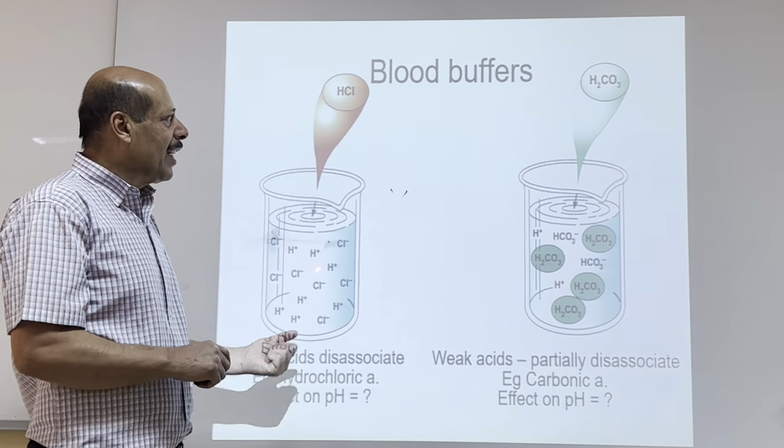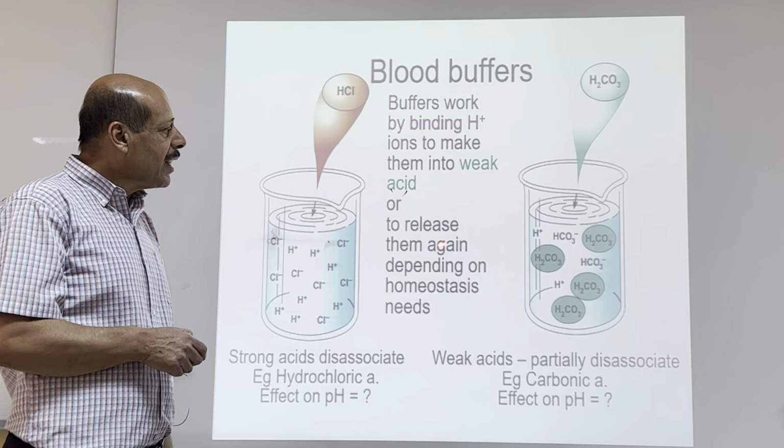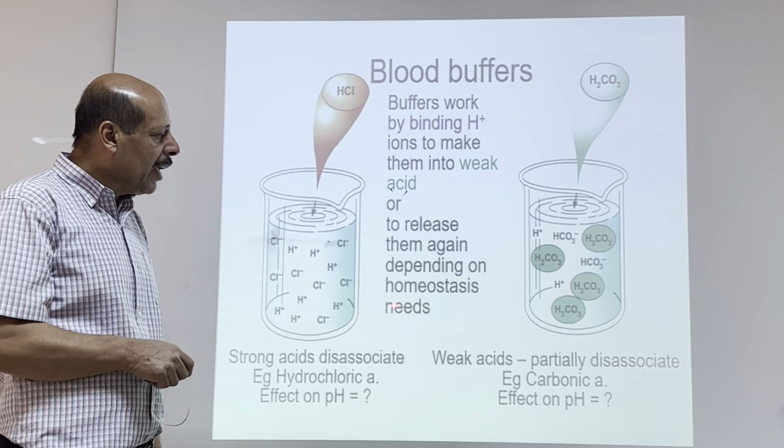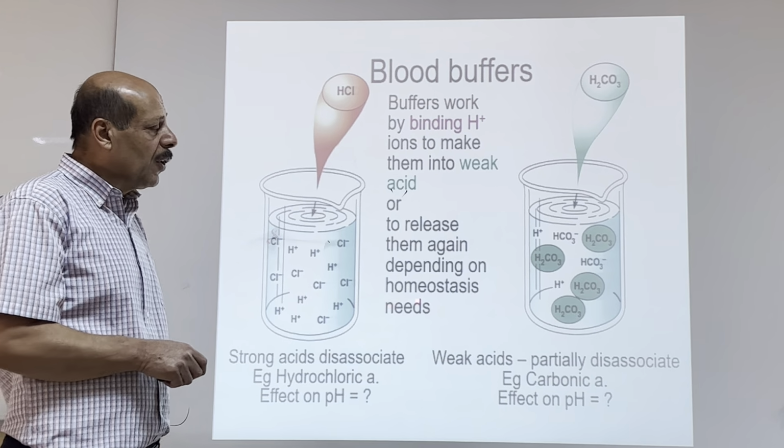The buffer works by binding hydrogen ions to make them a weak acid, so the number of free hydrogen ions in the blood will be less. By that, it will maintain the pH of the blood, or release them again depending on the homeostasis needed.